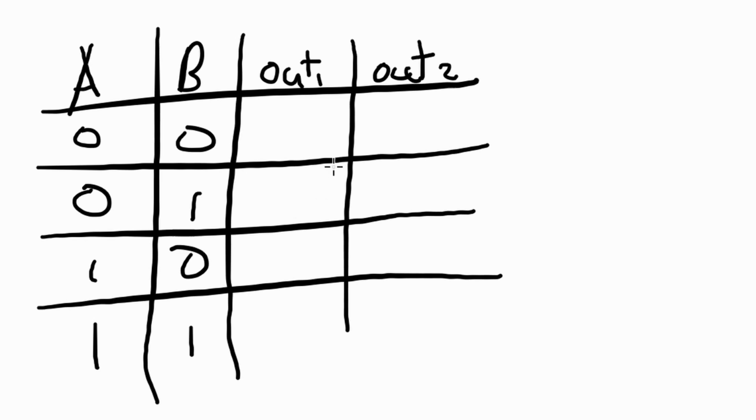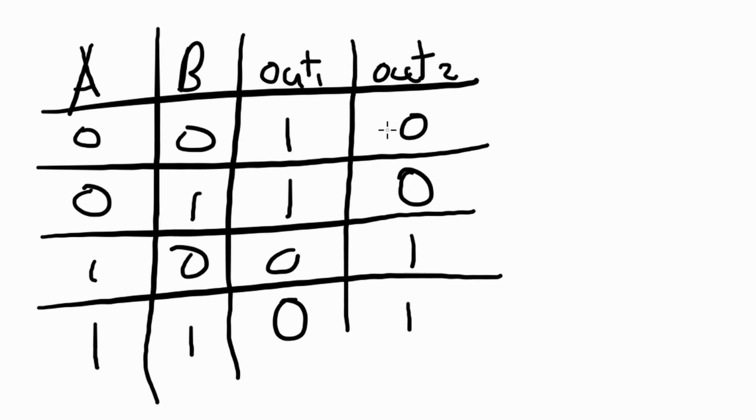Now the output is the customizable part. How do you do this? Well, as I explained previously with the XOR gate, you pay attention to the outputs with a 1, and then you go off of the inputs.